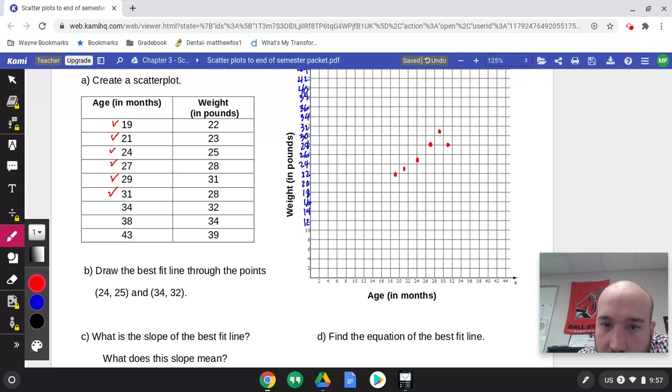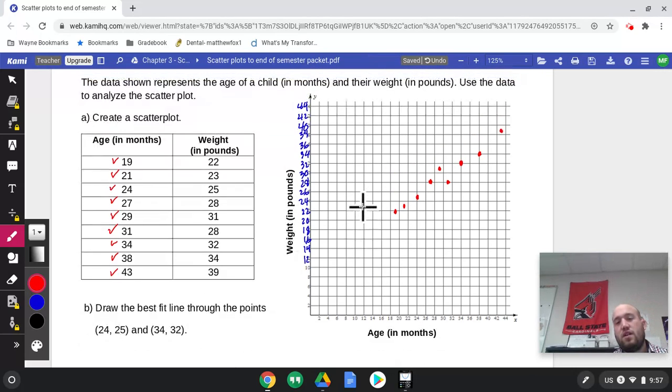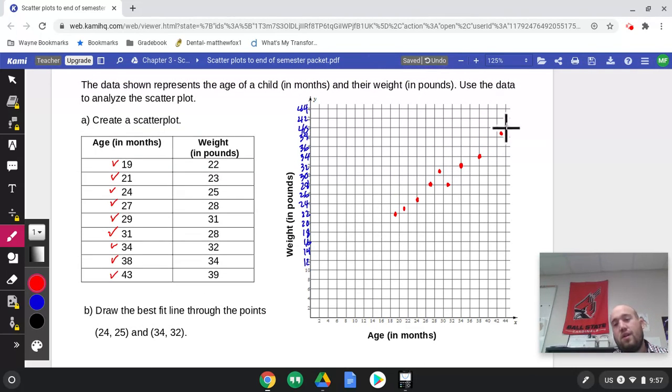Let's see, that's 32. And then finally, we got 2 more, 38, 34, and 43, 39. So, it is not perfect, but hopefully you can see it is linear and it has a positive correlation.